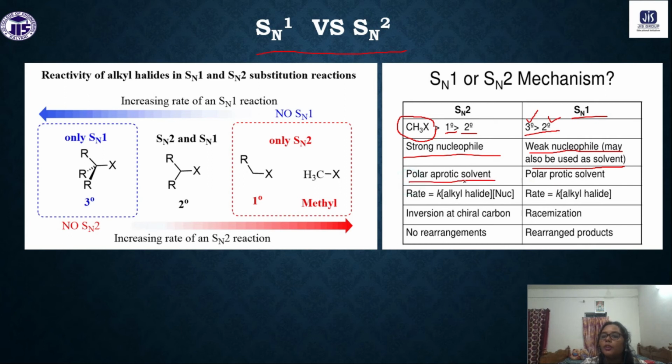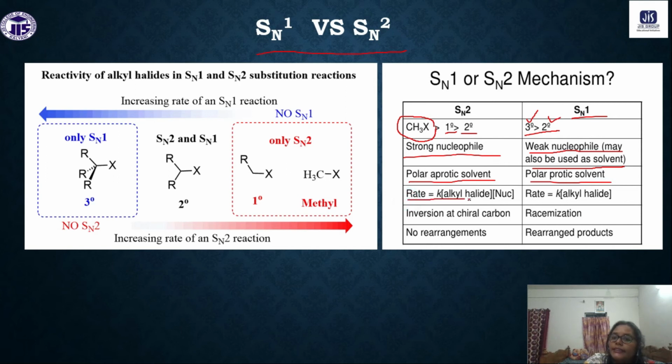Polar protic solvents have H plus and have the tendency to stabilize the carbocation. For the SN2 reaction, as we don't have any carbocation, we need a polar aprotic solvent.